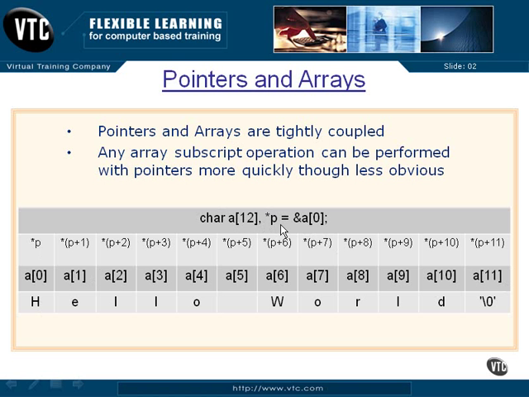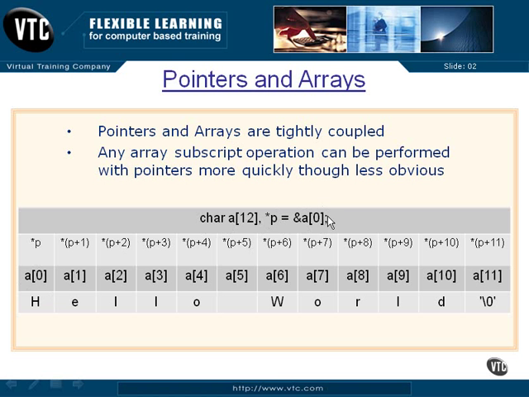Now we could have just as easily said in this definition that P is equal to A and left off the address of sub 0, because that's what A is. When we create an array, A references the address of element 0, the 0th element, the first element.